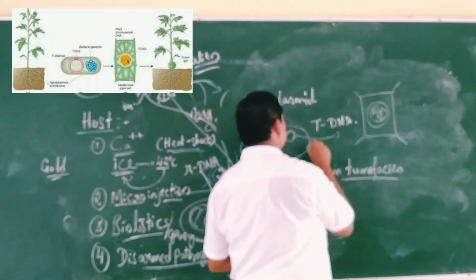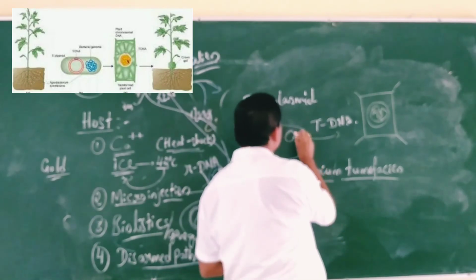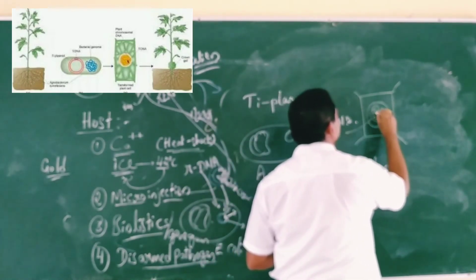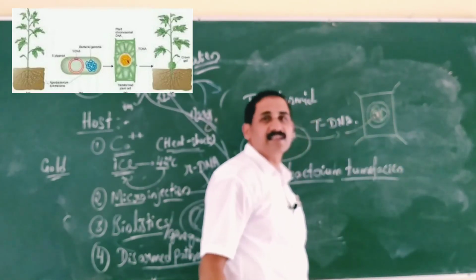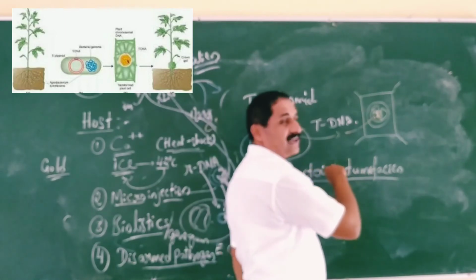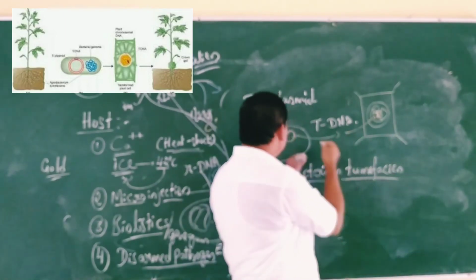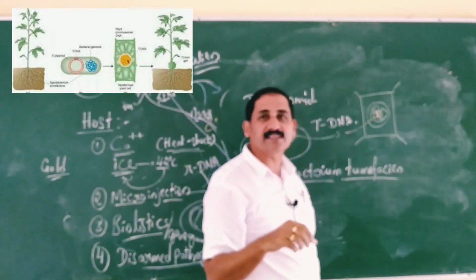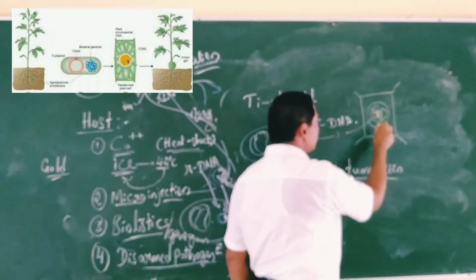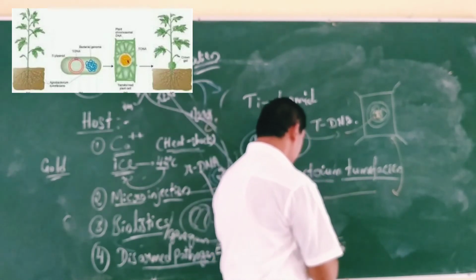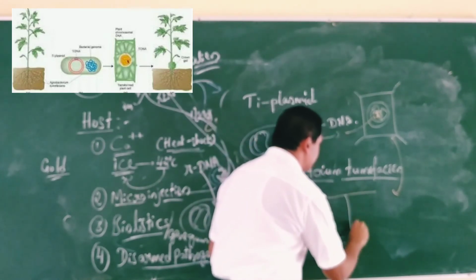This portion of DNA so delivered is incorporated into the plant cell. This incorporated tDNA, transferred DNA by the TI plasmid, produces chemical substances, phytohormones, that induce the plant cell to produce a large number of cells.